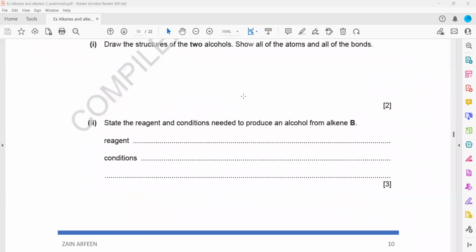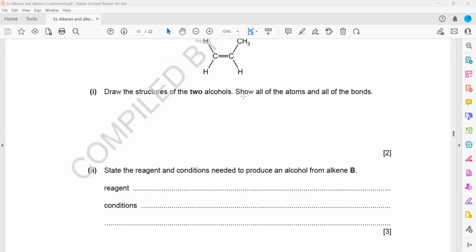State the reagent and the conditions needed to produce alcohol B. Steam, at 300 degrees Celsius, 6000 kPa, with phosphoric acid as catalyst. Steam is the reagent; a reagent is a chemical we use to carry out that reaction. And the catalyst is phosphoric acid.